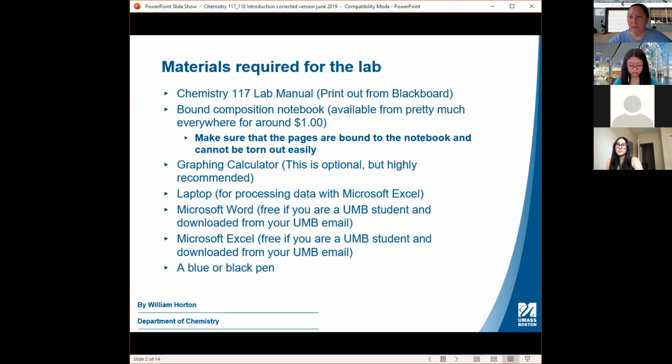So you will need to be submitting your pre-labs every week. You should have a graphing calculator or, yeah, going back to the notebook pages, you can definitely type them.